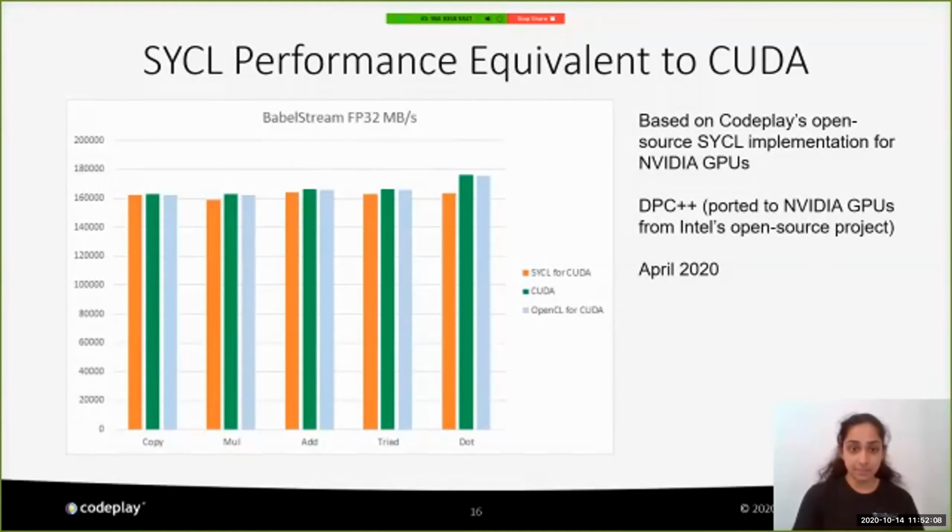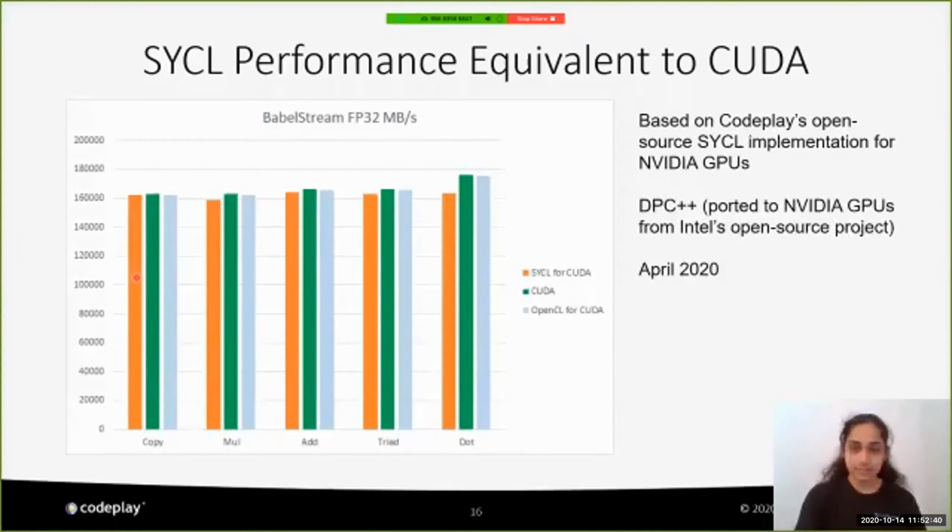The next performance comparison is for the SYCL for CUDA implementation, which was done for Intel's DPC++ compiler. As I mentioned previously, Codeplay contributed to the open source DPC++ compiler, which was created by Intel. Over here, we have used the Babel stream benchmark, which we discussed previously. The x-axis represents the different benchmarks. The y-axis represents the bandwidth, which means higher is better.